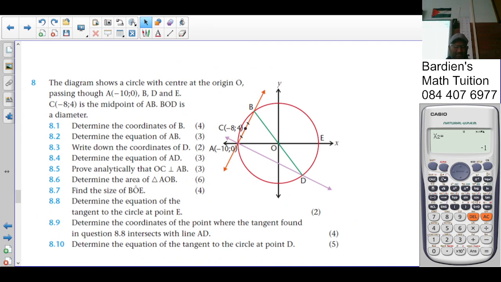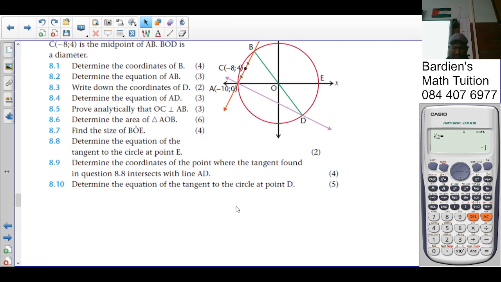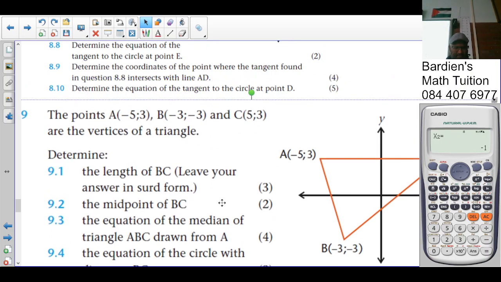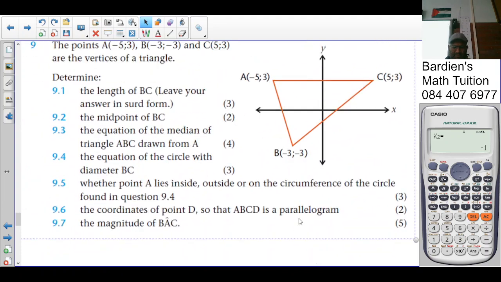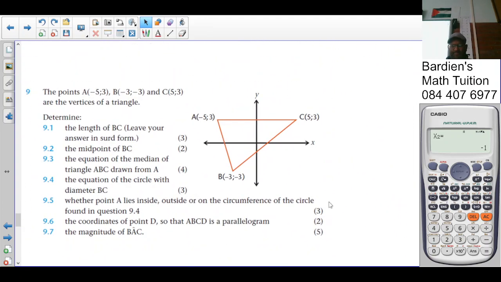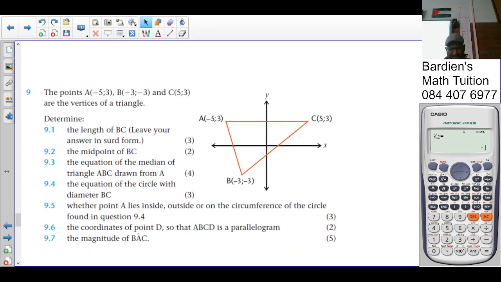Number 9? Yes, sir. Yes? The NVT. Okay. When you're writing? 21st of May. Number 10? Number 11?